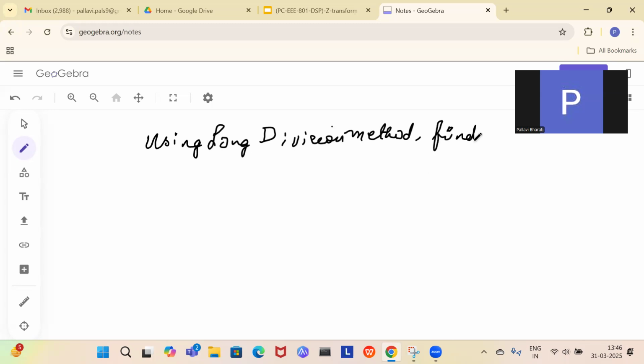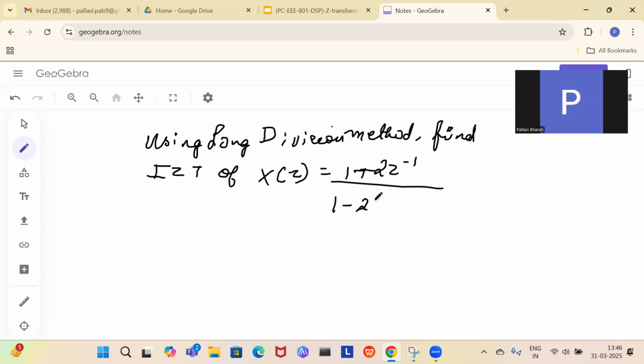Find the inverse Z transform for, I'm writing it in abbreviation, inverse Z transform of X of z is equal to 1 plus 2z to the power minus 1, divided by 1 minus 2z to the power minus 1 plus z to the power minus 2, if.